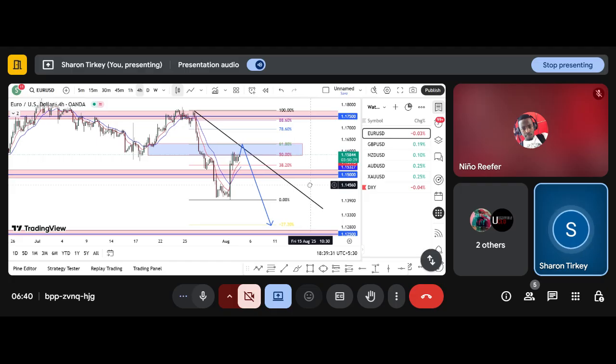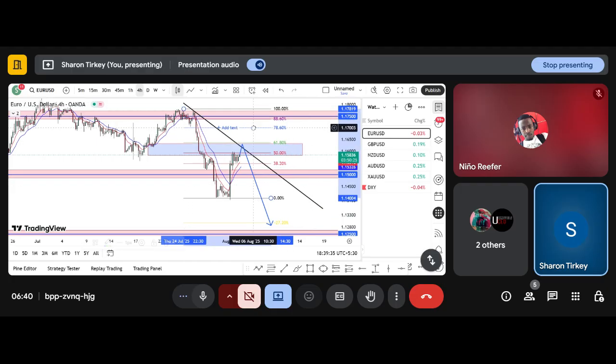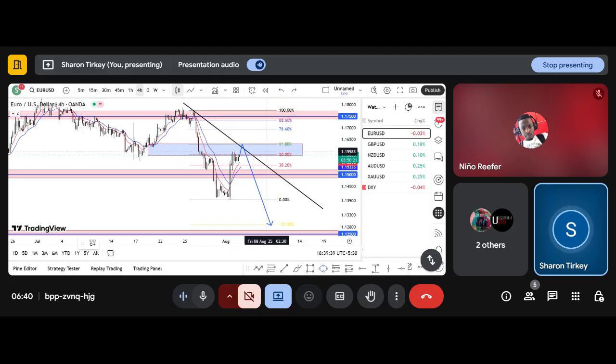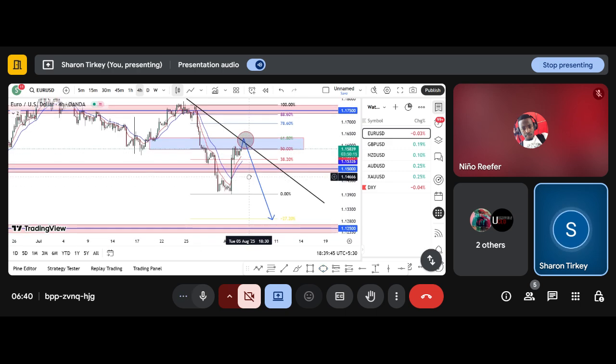Here we are waiting for confirmation at this level. The price has still not retested here, okay? This supply zone means a trader may use it to enter a short position, and a long position means buy or sell and take profit.